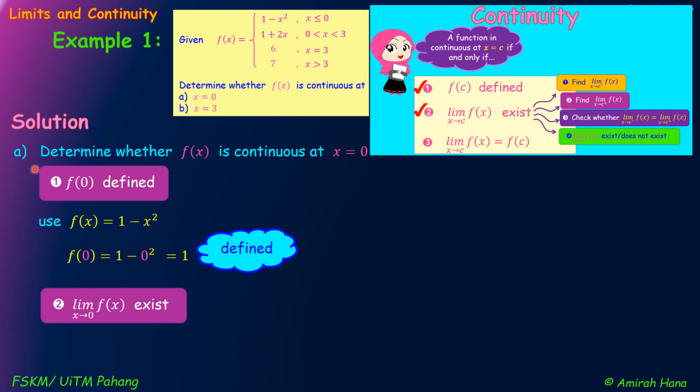But now we want to determine whether f(x) is continuous at x equals to 0. That's why the first condition we use f(0) defined, and the second condition we use limit x approaches 0 of f(x) exists.